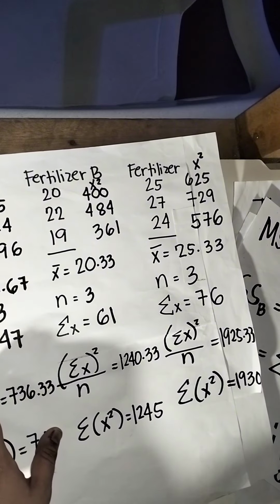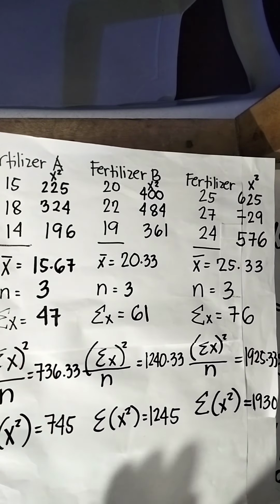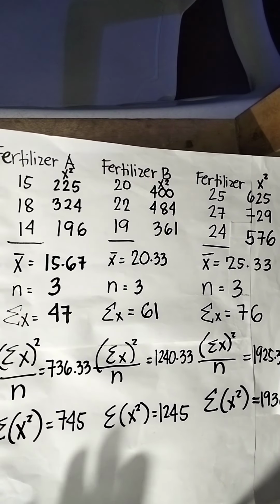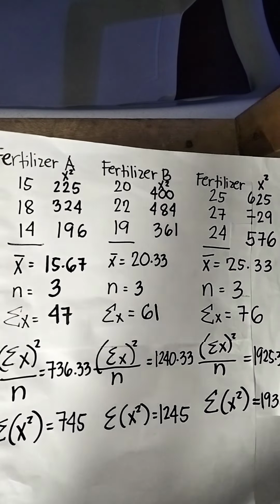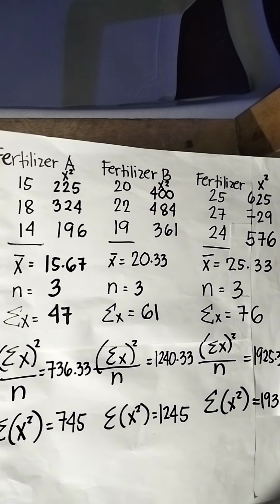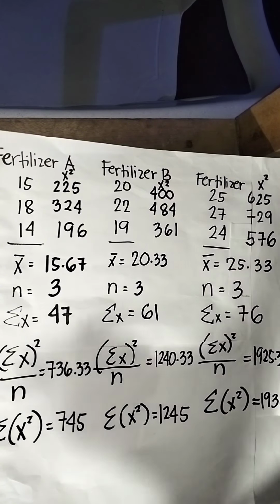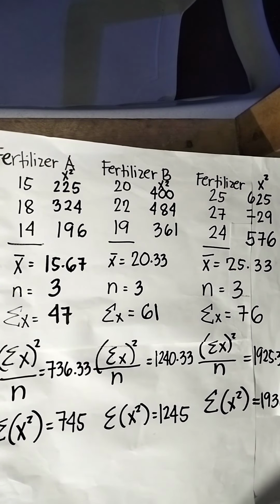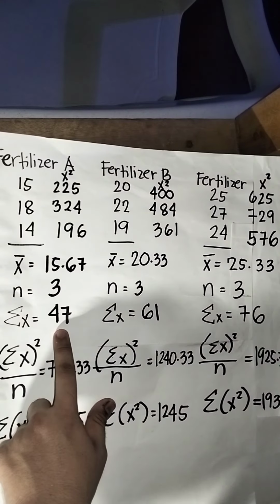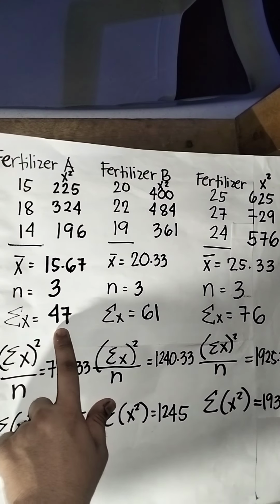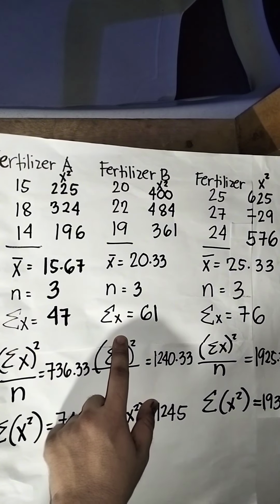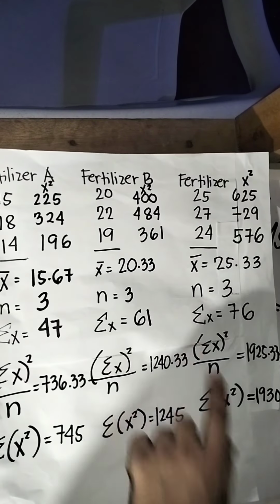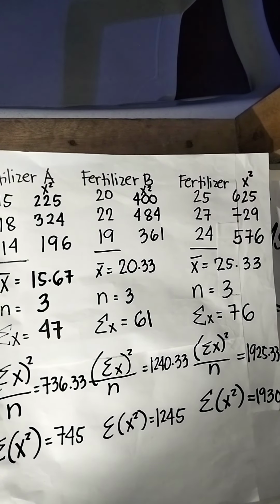So here, we need to add all of the summations that are solved. Now, we need to get the total summation of x. So add all of the sums of x. In this case, the summation for fertilizer A is 47. The summation for fertilizer B is 61. The summation for fertilizer C is 76.